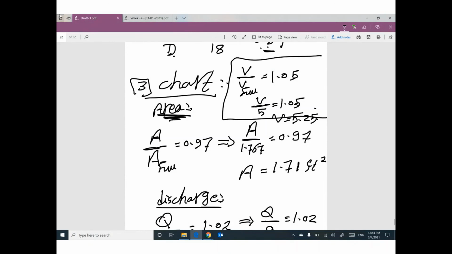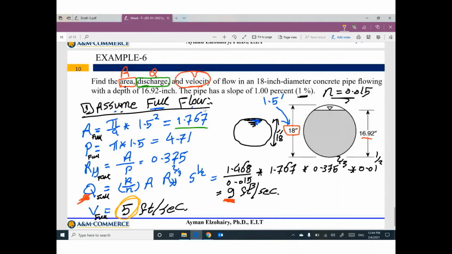So the idea for this kind of problem: if you have a pipe and this pipe is partially full, not half or full, something in between, we can assume as a first step that this pipe is full. If the pipe is full, we can determine everything: velocity, discharge, hydraulic radius, wetted perimeter, and the area.